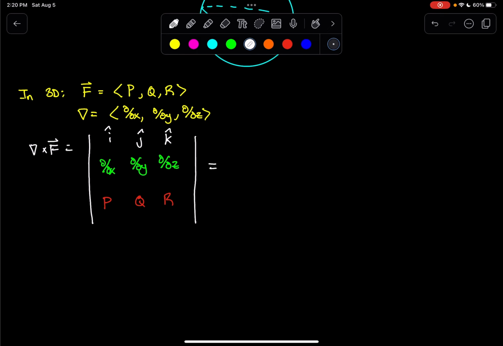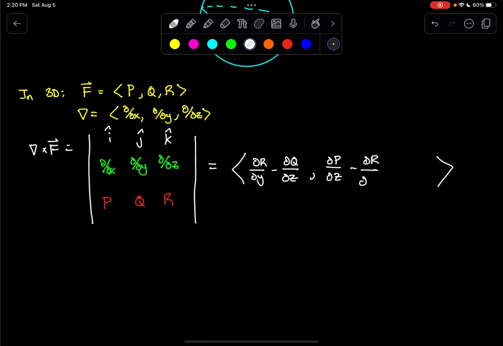Well, if we do this process, we're going to get another vector, and this is what we get on the inside: dR/dy minus dQ/dz, comma, dP/dz minus dR/dx, and we're going to get dQ/dx minus dP/dy.